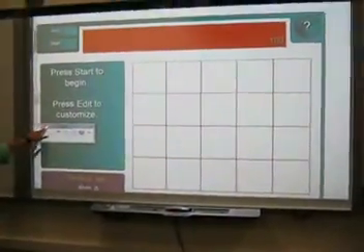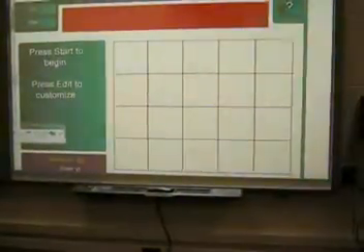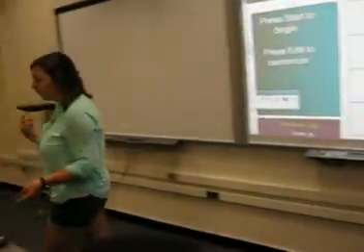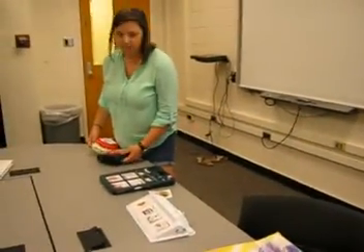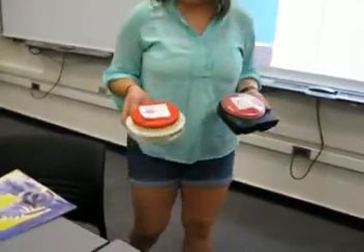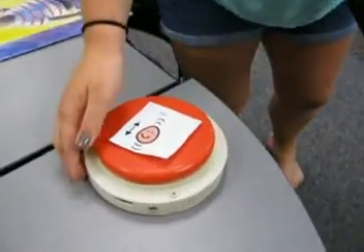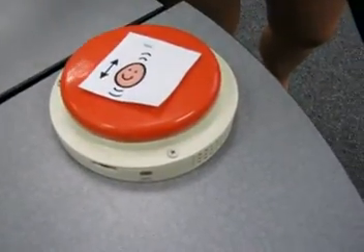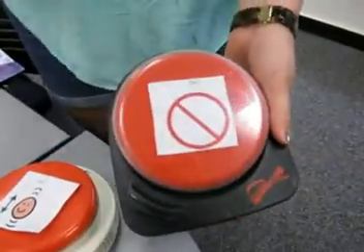And then the last activity is going to incorporate students that would have a hard time physically interacting with the smartboard. They would be able to use their GoTalks, where one says "Yes" and the other one says "No."